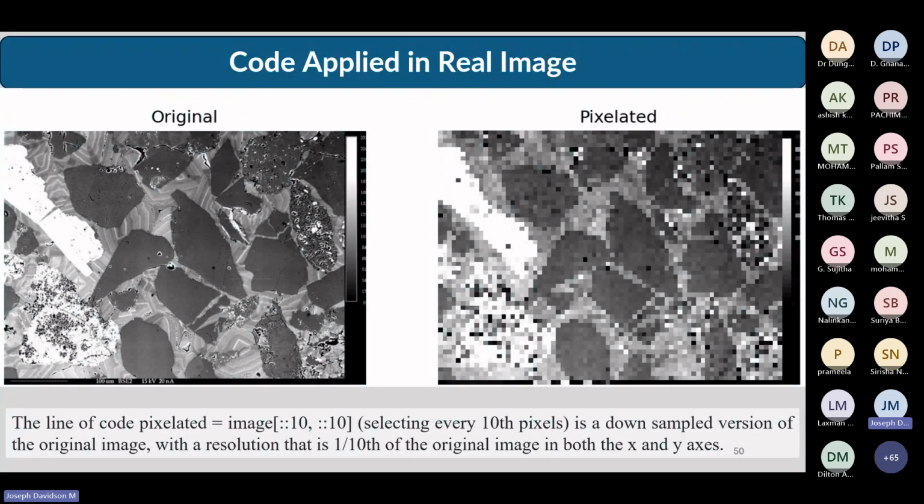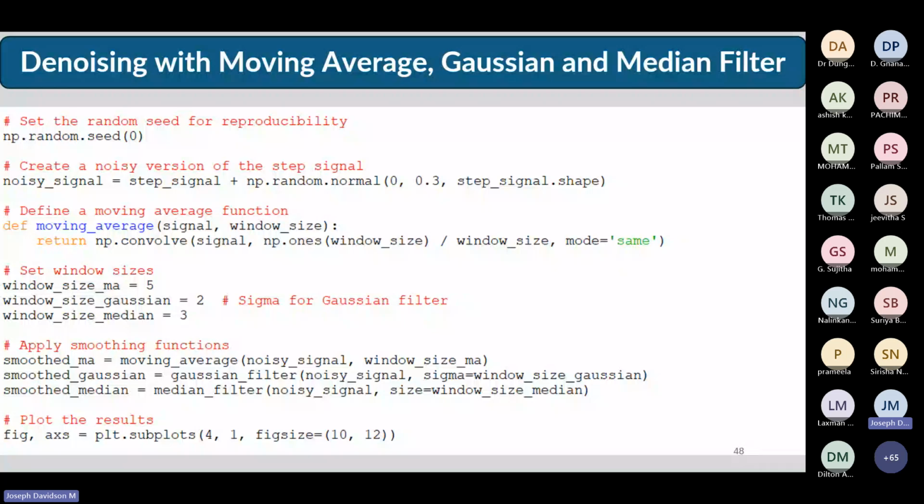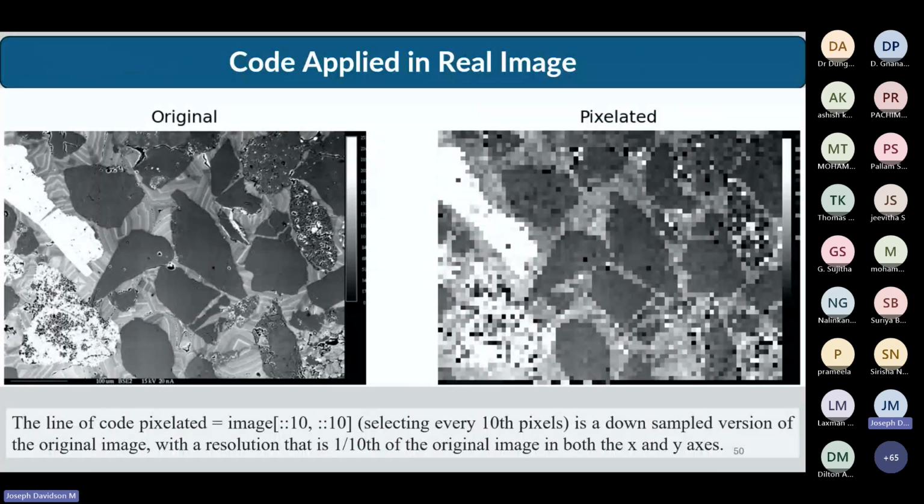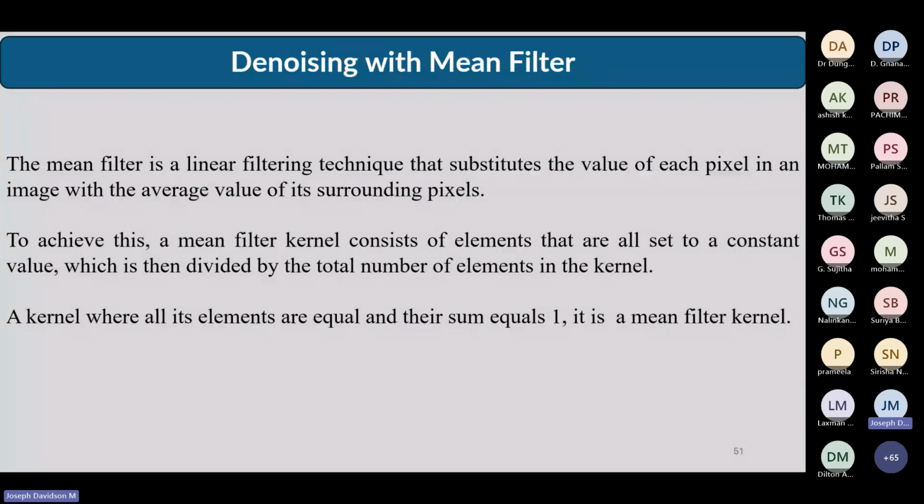So we are going to purposefully destroy this image, which is called pixelated. The line of code pixelated selects only every tenth pixel, meaning it purposely reduces the pixel strength of the image. That means the image won't have enough pixels to produce a proper image, so it will be distorted like this, just like the noise we produced in the line signal.